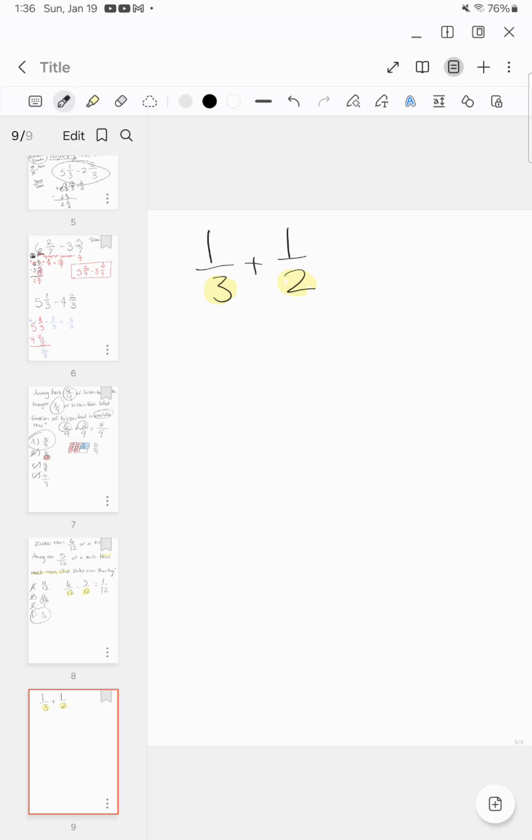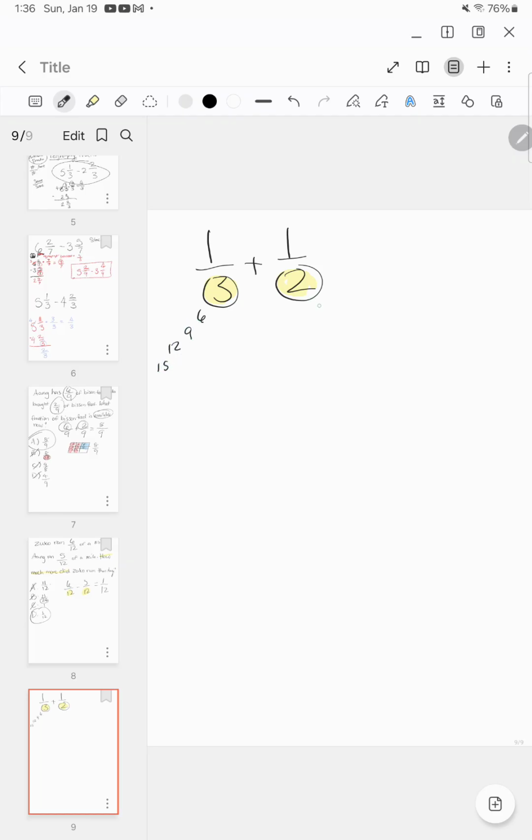Now, the other way, the longer way, which you would have to do if it was something like regrouping a mixed number, is to make them have the same denominator by using your multiples. So again, your multiples for 3 would be 3, 6, 9, 12, 15.